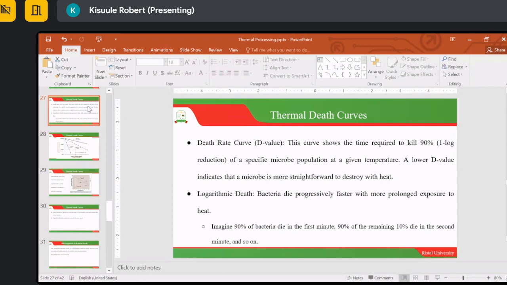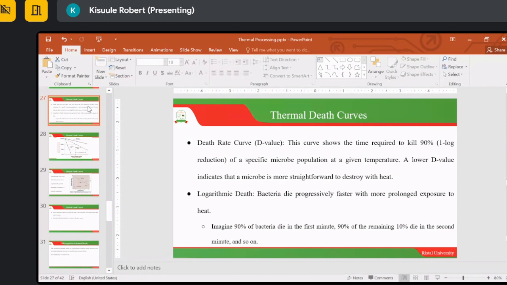For example, to kill 10,000, if we were to label this graph with the first hour, second hour, third hour, and fourth hour, and we expect that 90% will die within this particular period, then these four hours are what give us the D value.